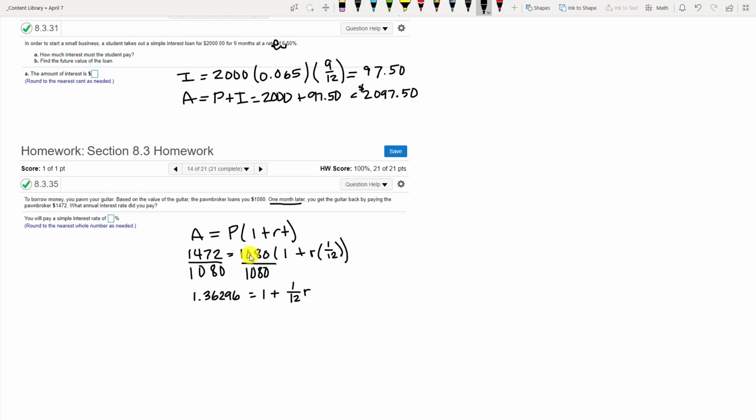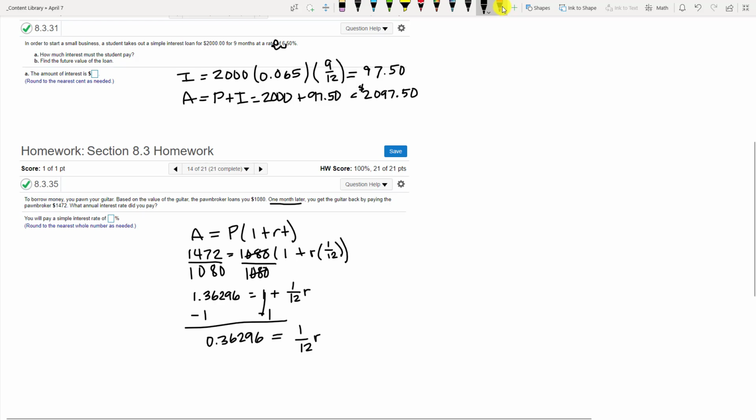And so by doing that, 1,080 cancels, and we're left with just the 1 plus 1/12 R on that side. So now again, we're trying to solve for R, so we're going to subtract 1 from both sides, and we get just the decimal portion of that number, 0.3629629. So now that's equal to 1/12 R. And so here's the final step of algebra.